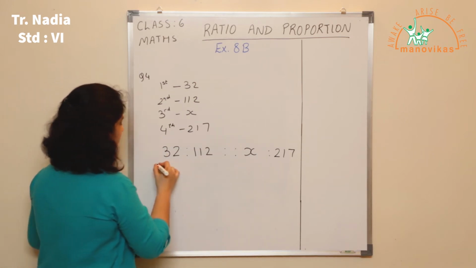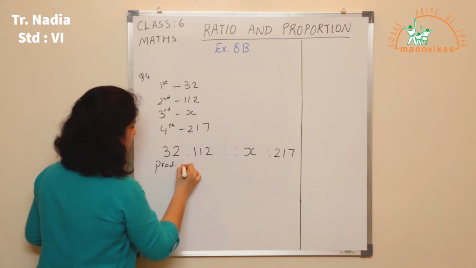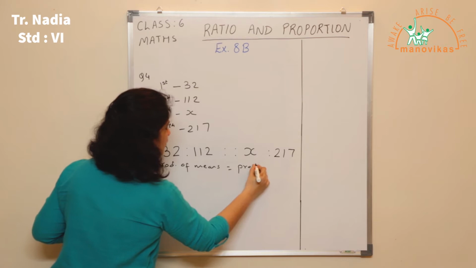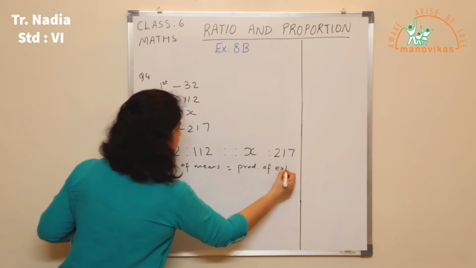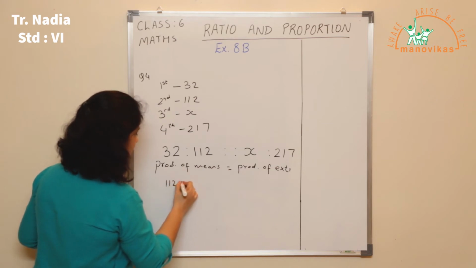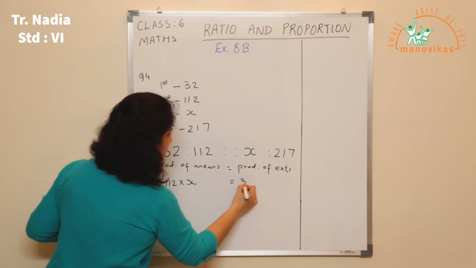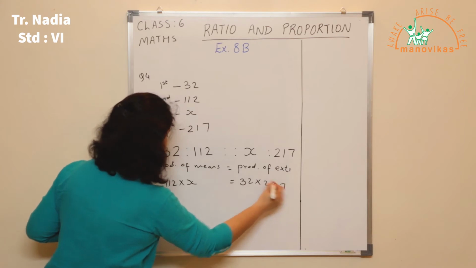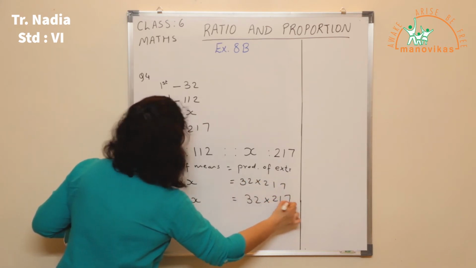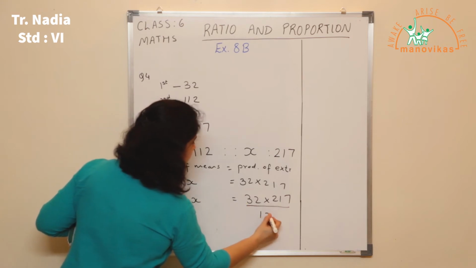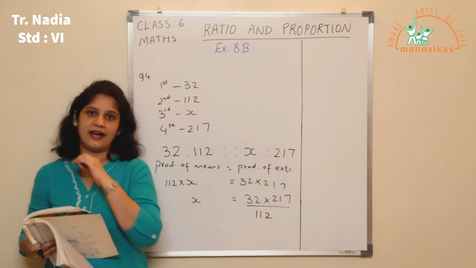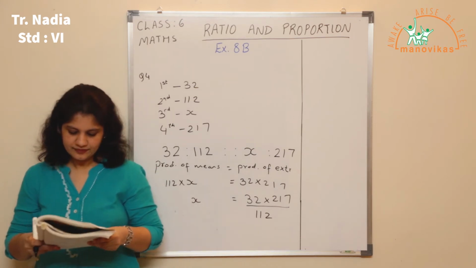Now you can again make use of the formula product of means is equal to product of extremes. The means are 112 and x, extremes are 32 and 270. Keep the x alone. Take the 112 on the other side. Now you reduce whatever is possible and find the value of x.